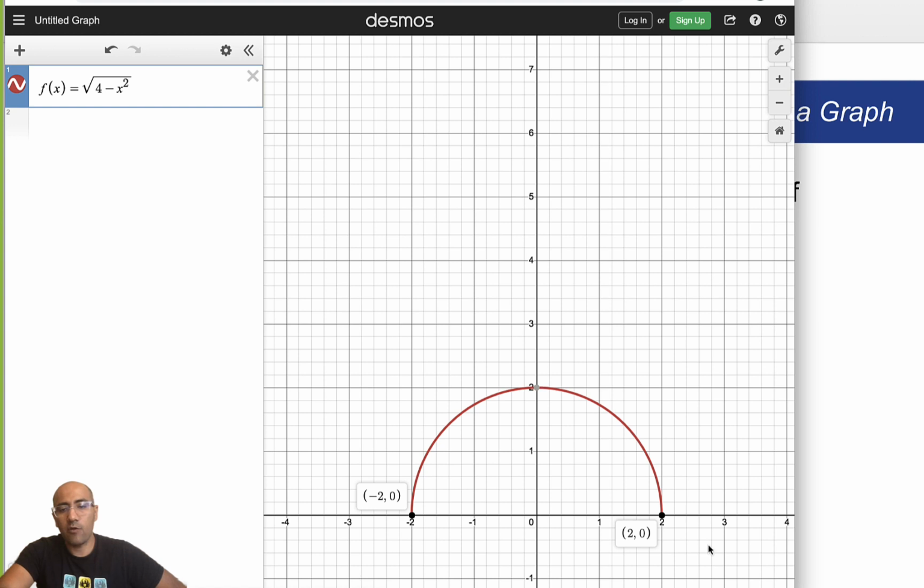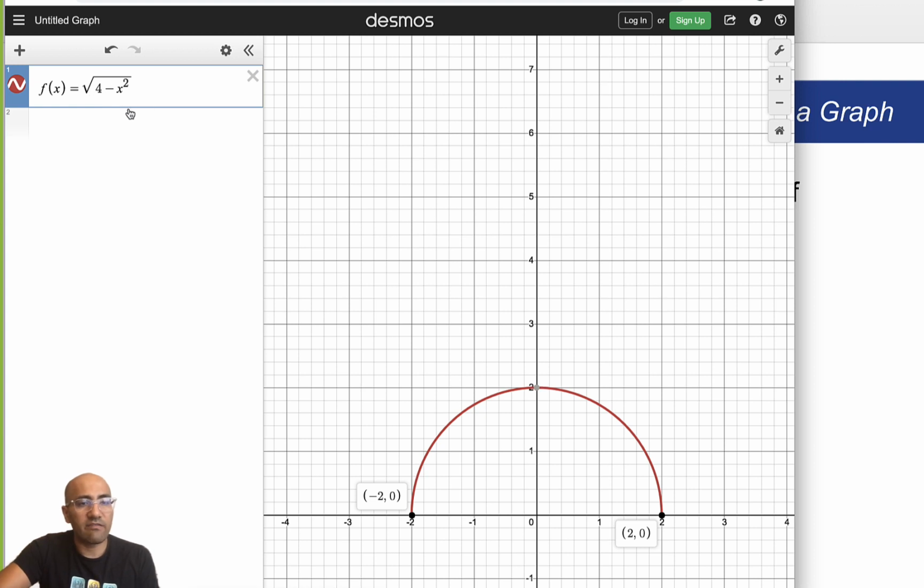What are the possible output values? Well, it's always positive because we only have the positive root here. So the output values can only be positive answers. And the smallest value it could be is 0, because if we let x equal 2, then we get 4 minus 4, which is 0. Square root of 0 is 0. So the smallest value this could be is 0.